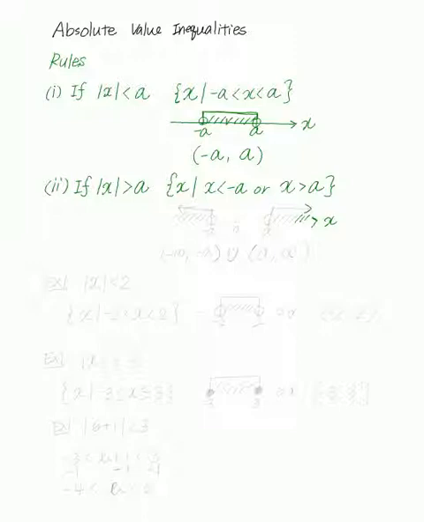Now to graph it, again, we're not going to include the endpoints in this case. So we're going to have nice open circles. But this time, the negative a is going off into the negative infinity direction. And after the positive a, it's going off to the right, to the positive infinity direction.